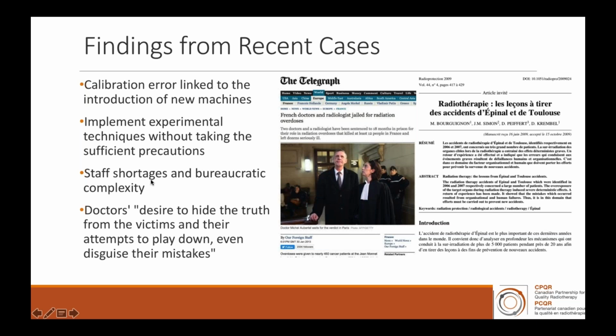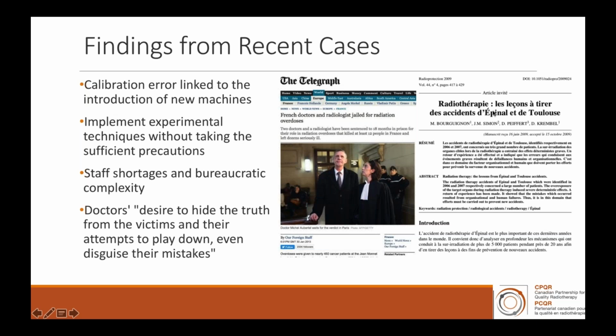Staff shortages were also outlined, as well as bureaucratic complexity, and even more damning was the doctors' desire to hide the truth from the victims and their own attempts to play down, even disguise, their mistakes. And as a result, the physicians and physicists were jailed for radiation overdose.